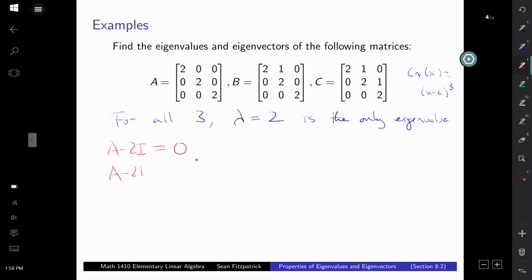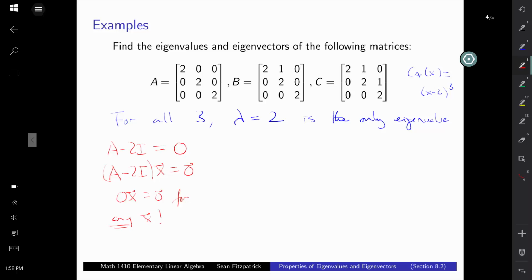I'm trying to find a non-zero vector x that solves this homogeneous system. Well, 0 times x equals 0, that's going to work for any vector x, right? And so any x will do, so every non-zero vector is an eigenvector.